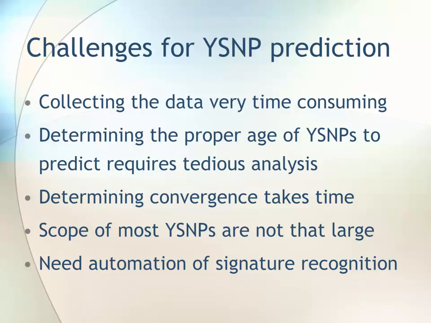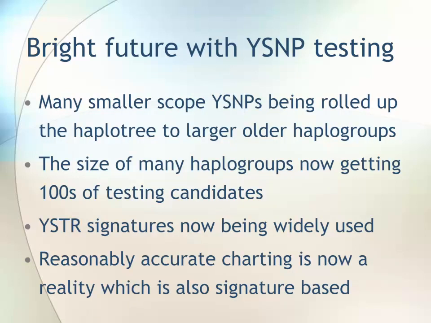So we need some kind of automation that would recognize the signature, recognize convergence, and automatically generate all this data. That would be some pretty sophisticated software and would take quite a bit of time to develop. But there is a very bright future with YSNP testing.